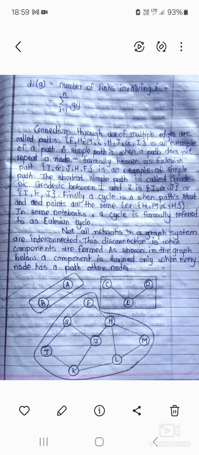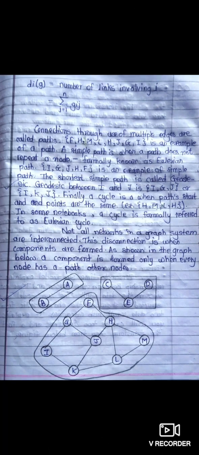The shortest simple path is called the classic geodesic between I and J. That is, I, G and J. I, G and J is called the shortest simple path, or I, K, J is also called a shortest simple path.